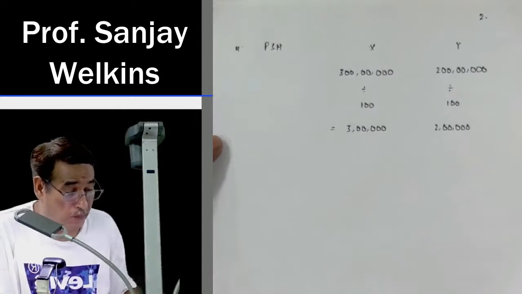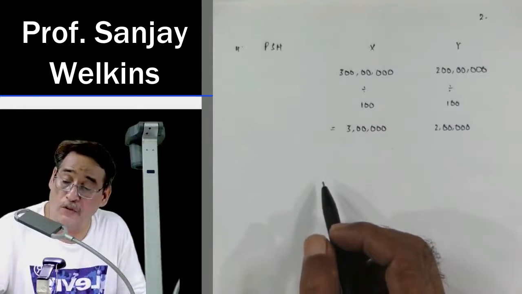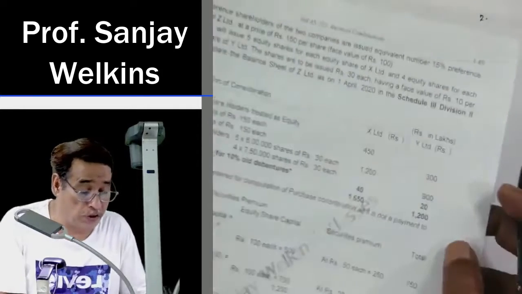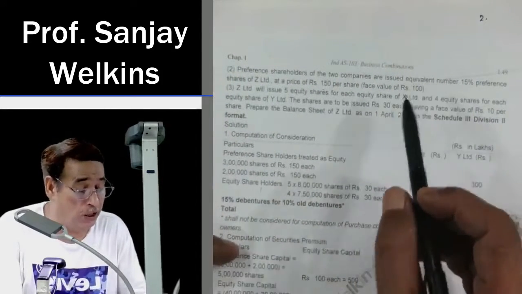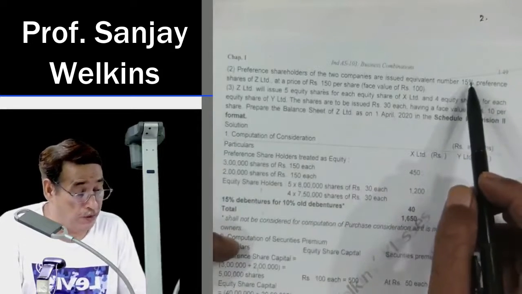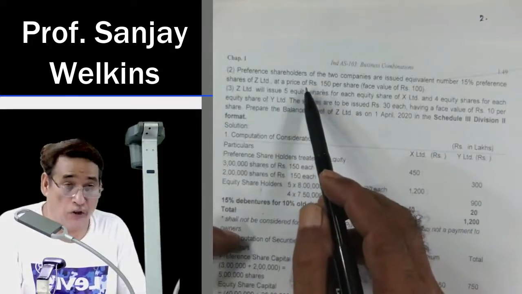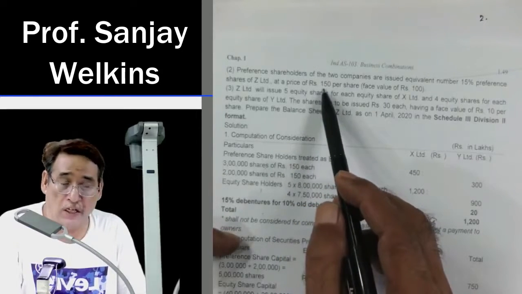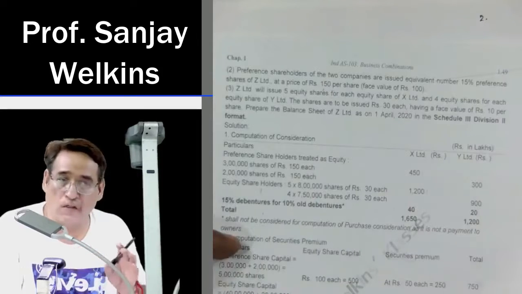Now, coming over to the payment. The question once again I will have to go through, because time and again we will have to read the question to get the correct answer. Preference shareholders of the two companies are issued equivalent number of 15% preference shares. So we are giving them 15% preference shares, but we are offering them preference shares at the rate of 150 even though the face value of the preference share of our company Jet Limited is 100.